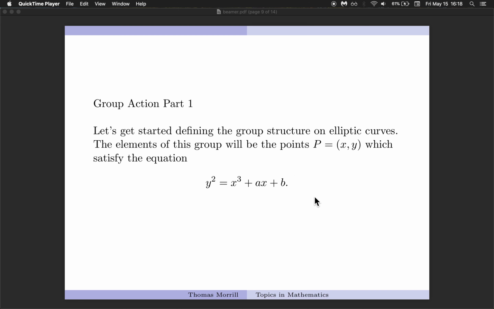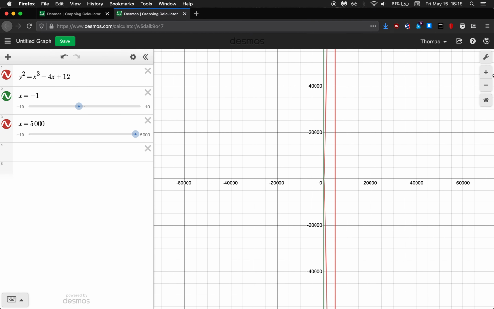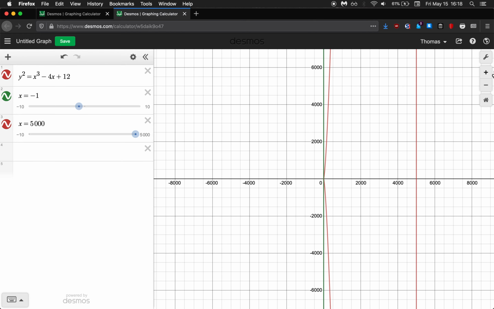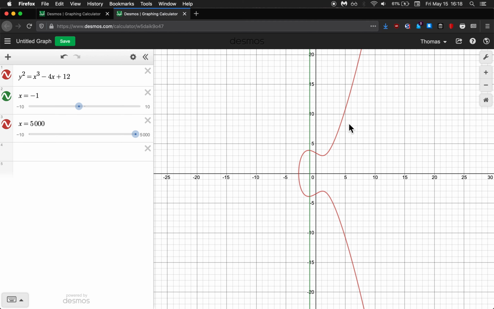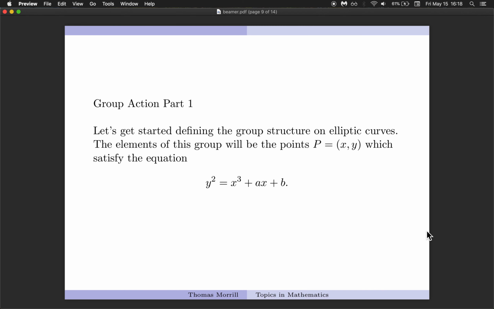So the elements of my group are going to be the points on the graph, right? Here is one of my graphs again. Let me zoom back in to get that more familiar shape. There it is, my sort of horseshoe-looking elliptic curve. I can imagine the points as x, y coordinates, and I'll use lowercase letters for x and y.